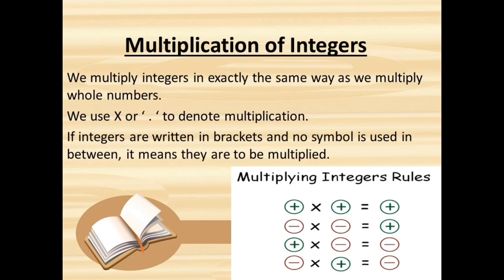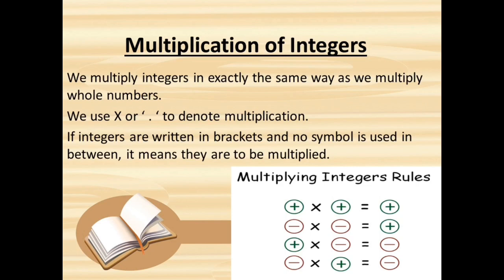The third rule says that on multiplying a positive and a negative integer, we will get our answer as a negative integer. And the last rule says that on multiplying a negative and a positive integer, we will get our answer as negative. Now students, please observe here, when the signs are the same, then our answer is positive, and when the signs are different, then our answer is negative. Hopefully this is clear to you.